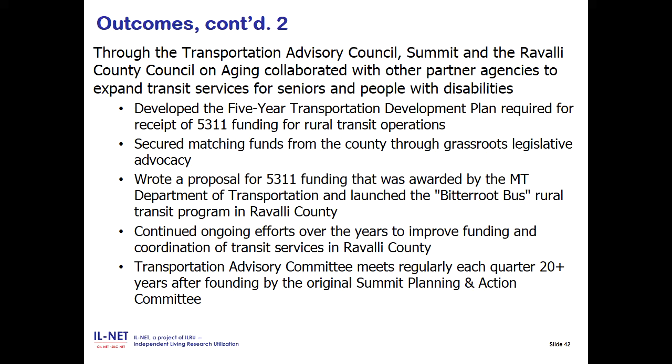So we worked with them and some other partners to develop a 5-year transportation plan that was required for grant funding. We put together a grassroots effort and went to the county commissioners to secure funds to provide the matching monies that were required.